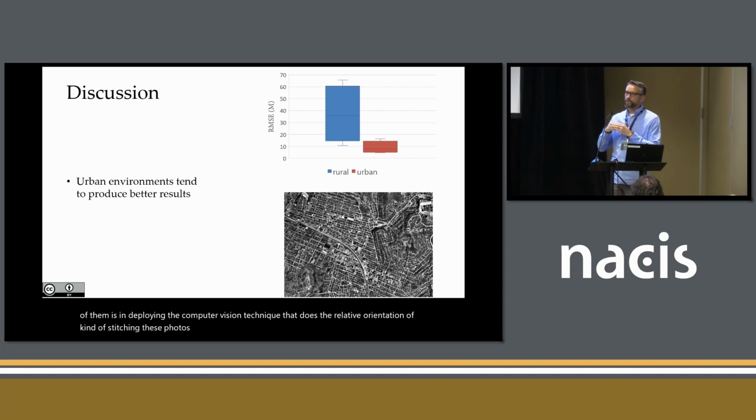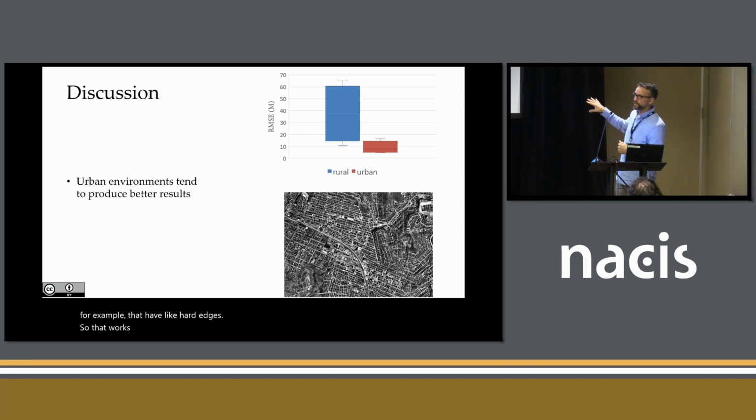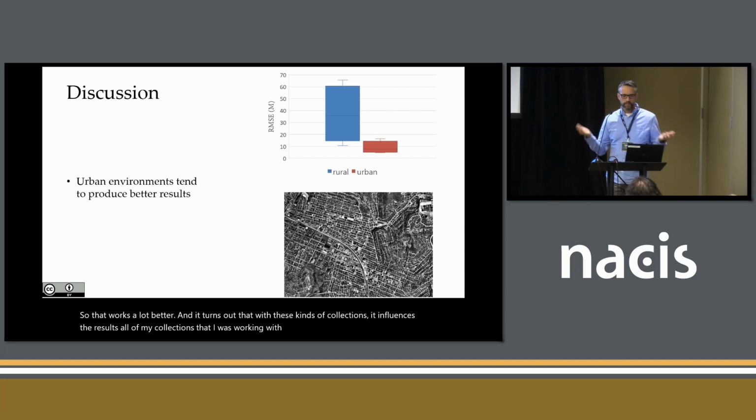It works on key point matching that works a lot better in urban environments where you have high dark and light image contrast on gridded streets, for example, that have hard edges. So that works a lot better, and it turns out that with these kinds of collections, it influences the results. All of my collections that depicted urban environments met my goals.